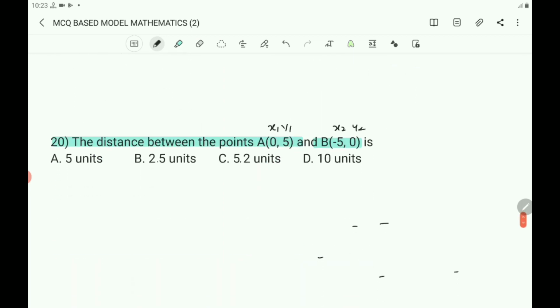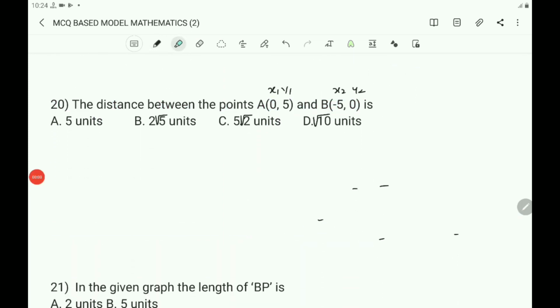Next one, 20th question. Now the 20th question, the distance between the points A(0, 5), B(-5, 0). Here let us take these 2 points as (x1, y1) and (x2, y2).